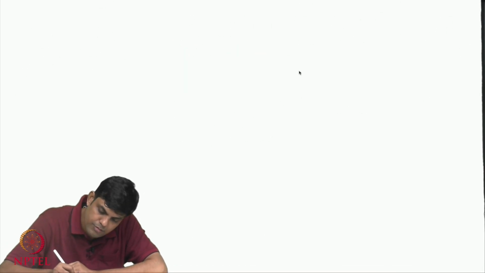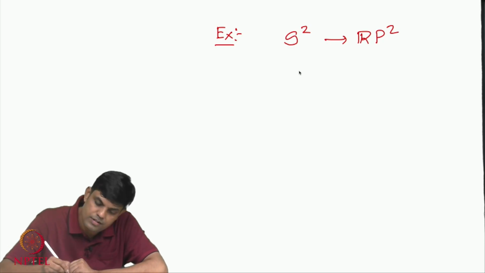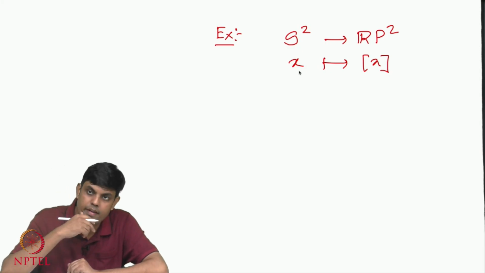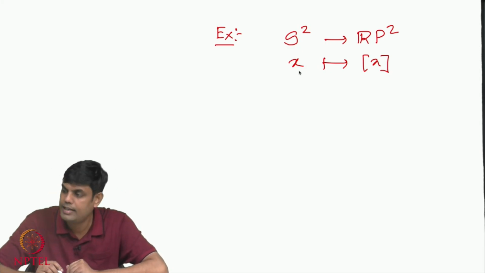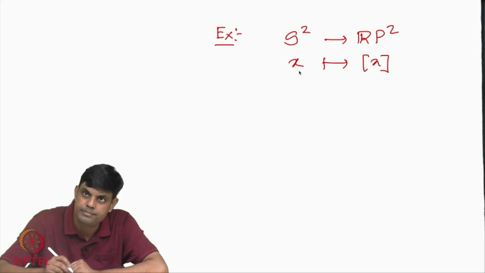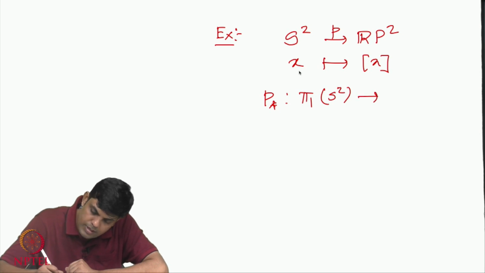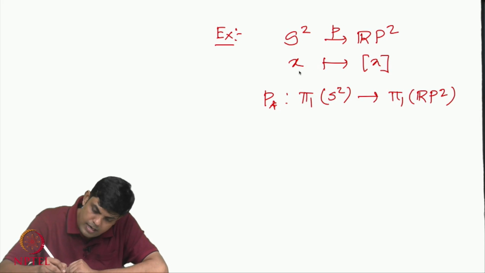Let us look at the map from S2 to RP2, which is the map X goes to the equivalence class of X, where X is equivalent to minus X. If I call this map P, then the corresponding P star is from the fundamental group of S2 to the fundamental group of RP2, and you can check P is a covering.